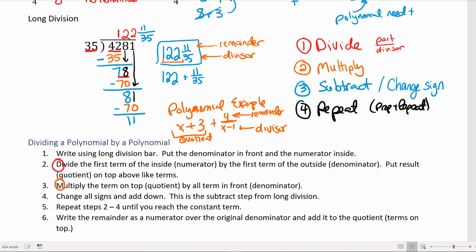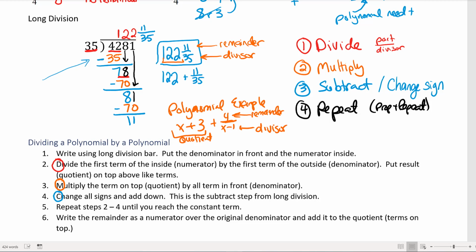When we took the original 42 in the problem and we subtracted 35, I took the 35 in orange and I changed its sign. And I find that if students think of it as change your sign instead of subtract, that they get their answers correct more often because they will avoid making the mistake of not subtracting everything.